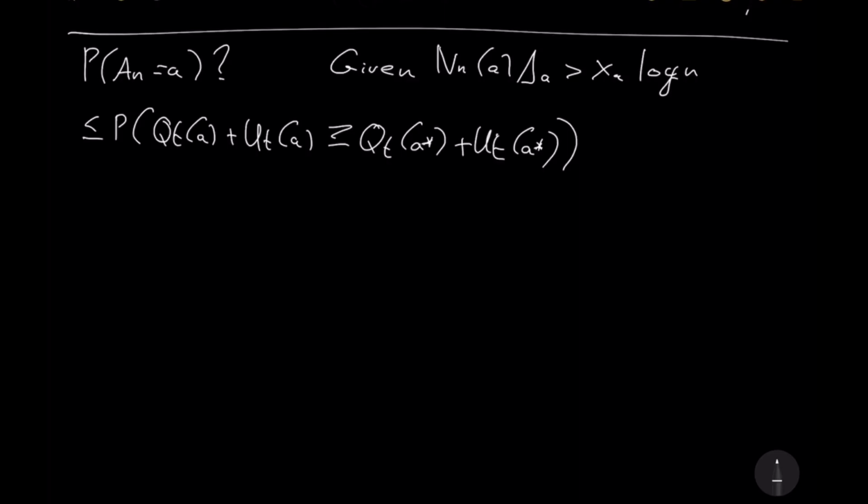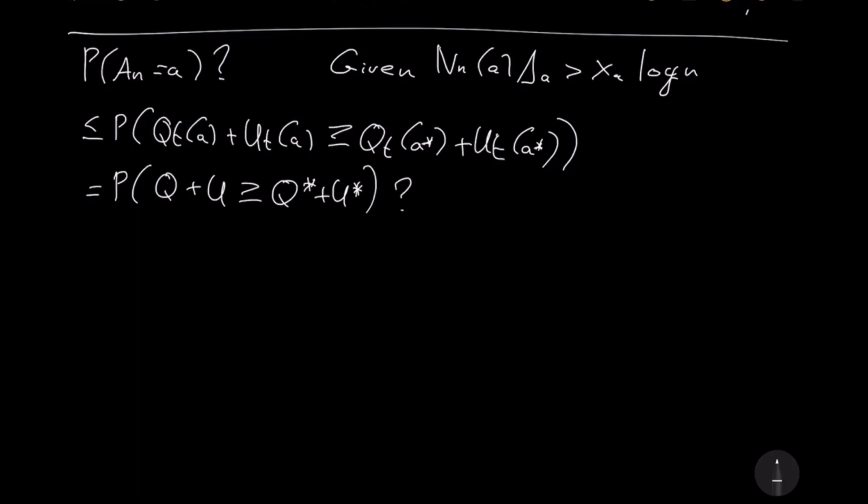Now let's simplify notation a little bit. Let's get rid of all these brackets and subscripts. So let's write this down just notationally for now as q plus u is greater or equal to q star plus u star. This is just a notational shortcut. I didn't change anything here. So can we somehow bound this probability?